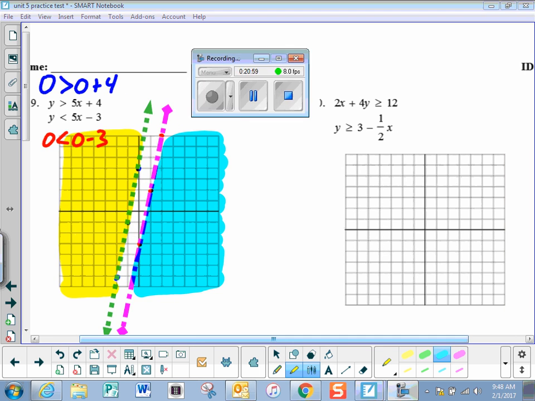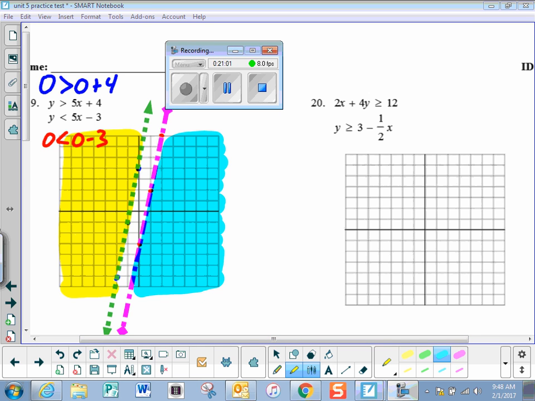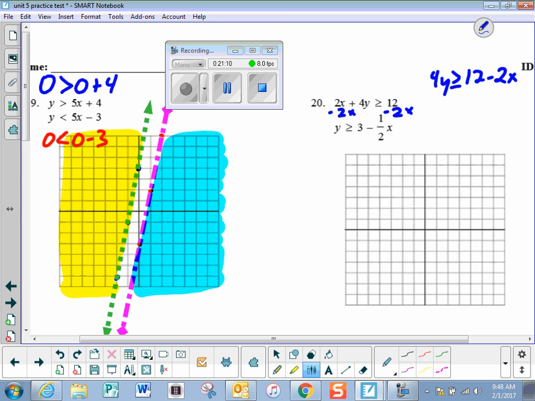Now on this one, if you get y alone by subtracting 2x, you have 4y is greater than or equal to 12 minus 2x. Divide by 4, and you get y is greater than or equal to 3 minus 1/2 x. And then you go, wait a minute, what's that one?